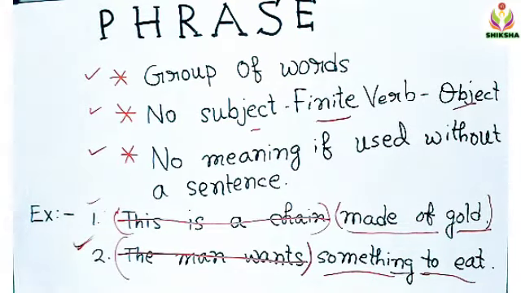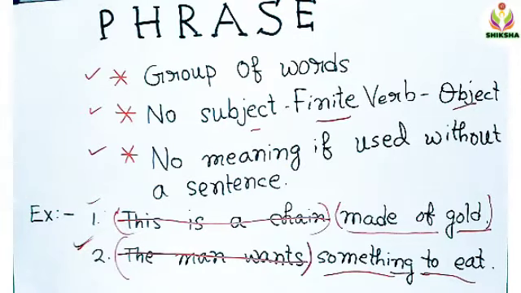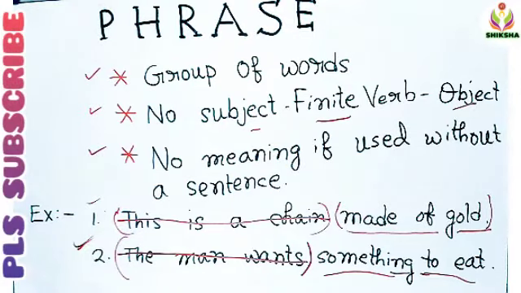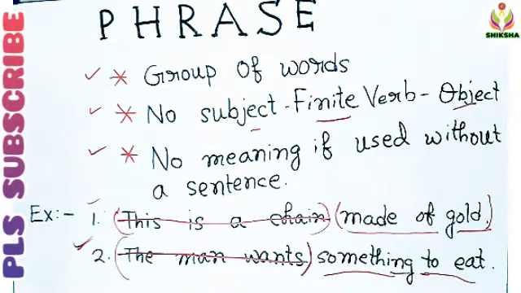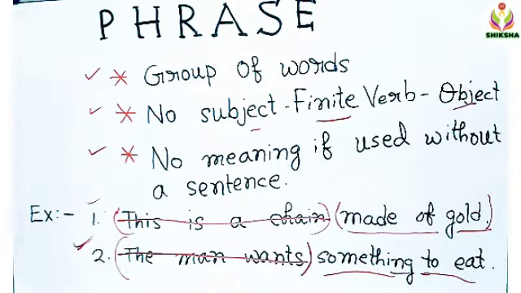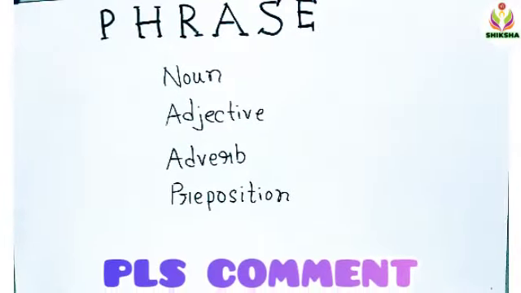So as a definition, we can say that a phrase is a group of words within a sentence that complements the overall structure of that particular sentence. A phrase lacks a subject or finite verb or an object. That's why a phrase cannot stand alone to give complete meaning.